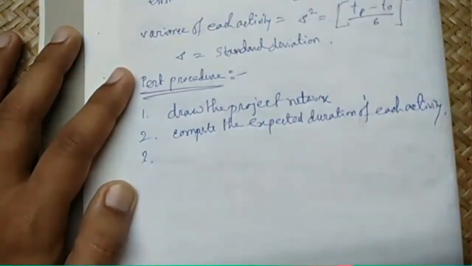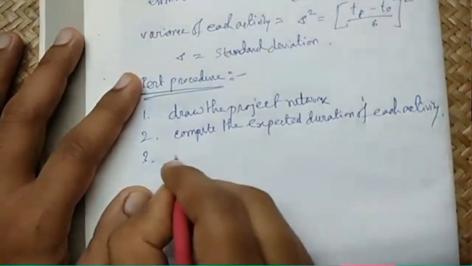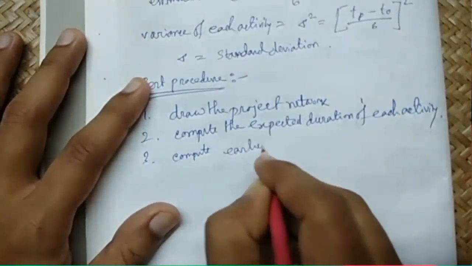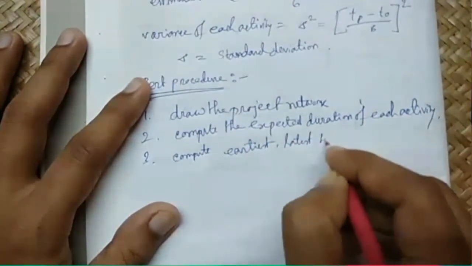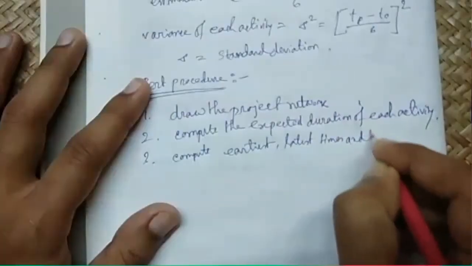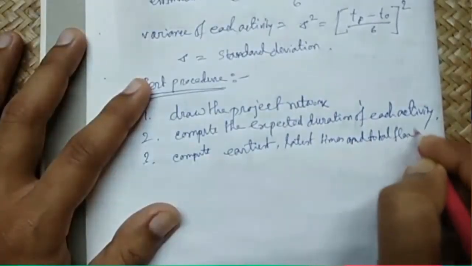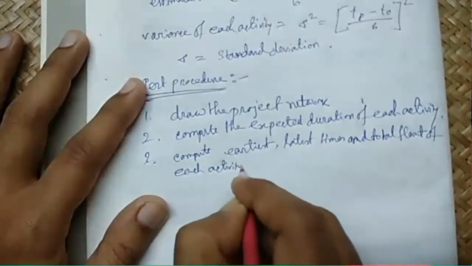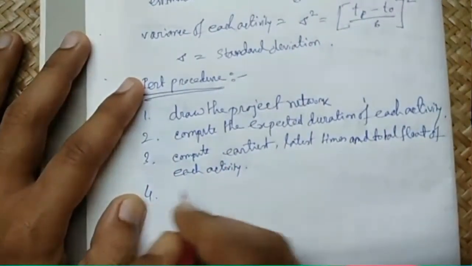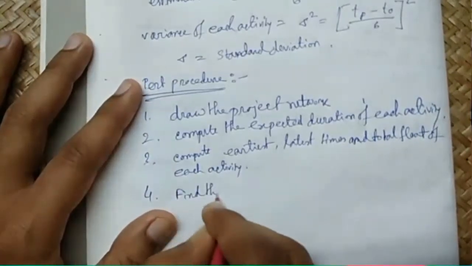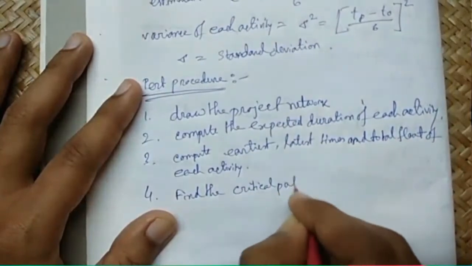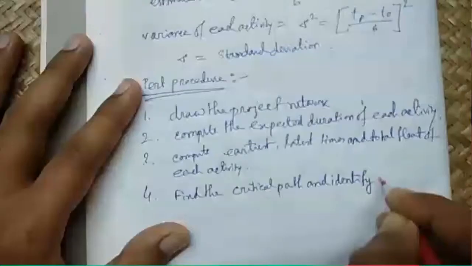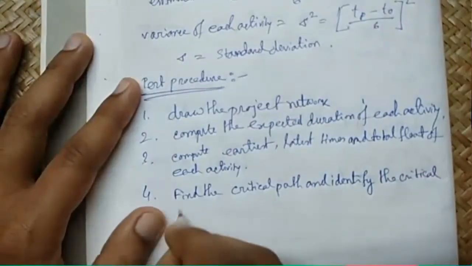Number 3: compute the earliest and latest times and total float of each activity. Number 4: find the critical path and identify the critical activities.